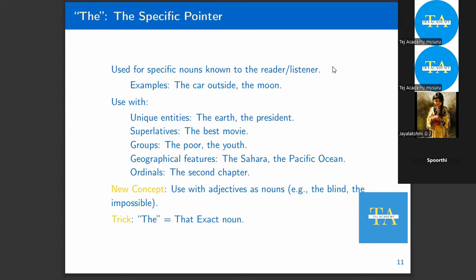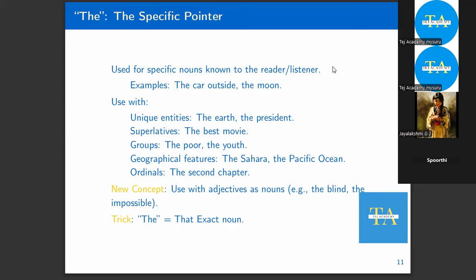And the new concept which is added here is use with adjectives as nouns, like the blind, the impossible. So we can use the in front of some adjectives. Adjectives mean words which define the quality of a noun or of something. And the impossible, like that.